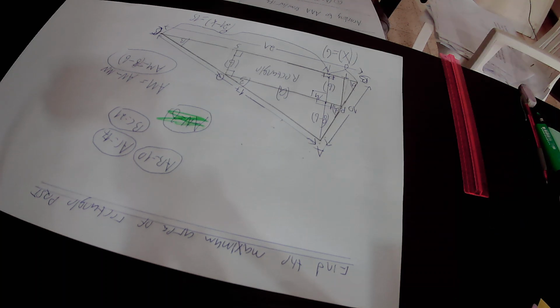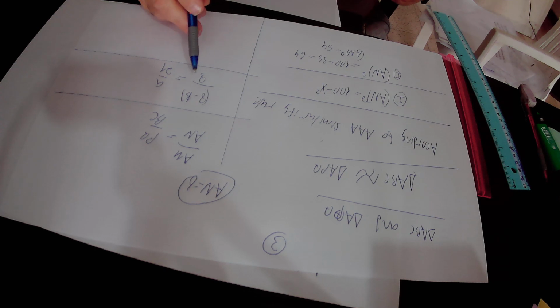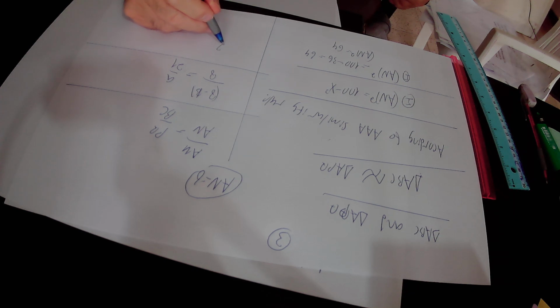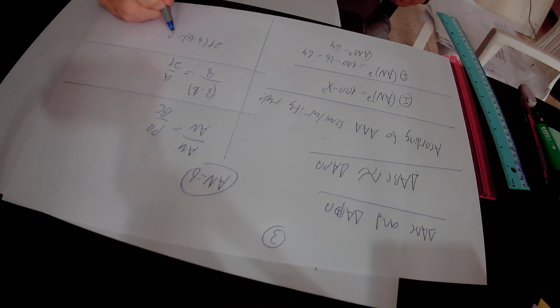So in conclusion, we found that 8 minus B over 8 equals A over 21. Here we cross multiply this equation and we get that 21 times 8 minus B equals 8A.